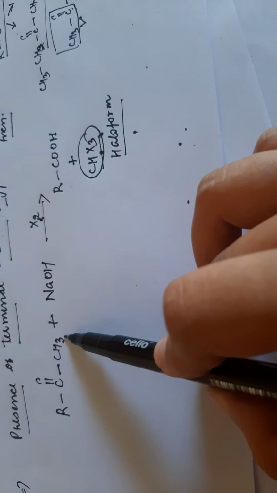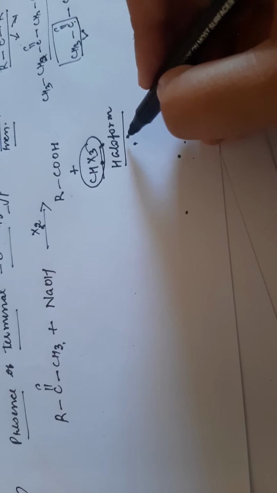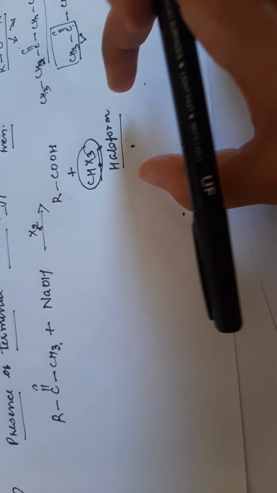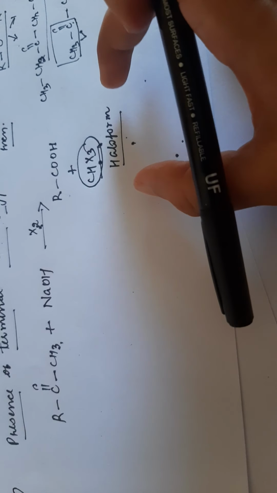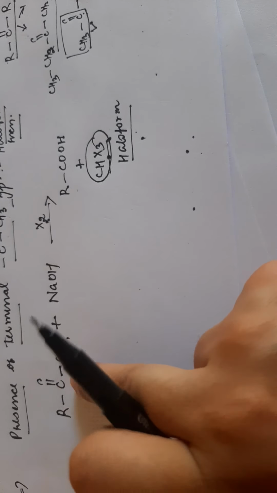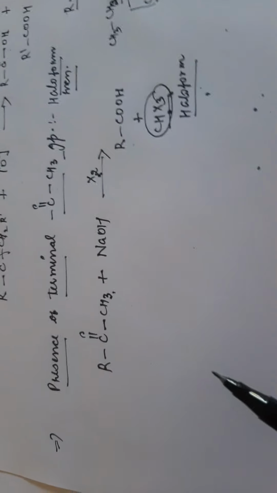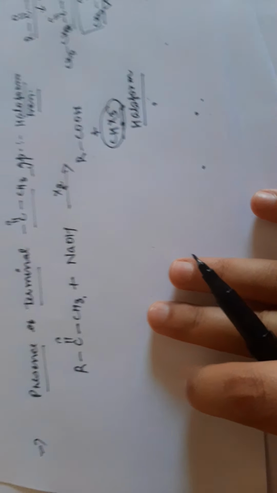If a terminal carbonyl group is not present, then the formation of haloform will not take place. So the presence of haloform in the product represents that the parent terpenoid has the terminal carbonyl group. Okay, so this is for the carbonyl.